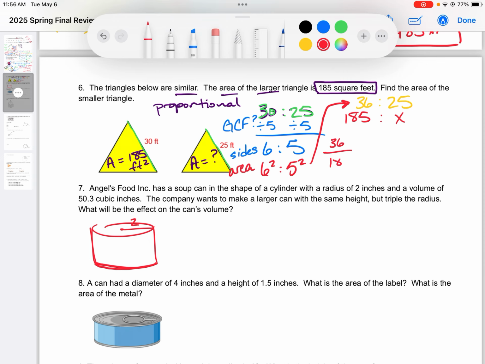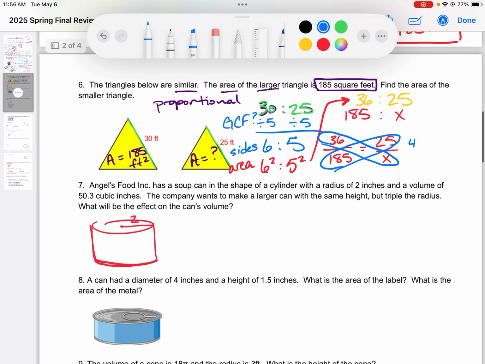So we can set these up as a proportion, and we can say 36 is to 185 as 25 is to our unknown. Then we can cross multiply. And when we do that, we get 185 times 25, 4,625, and 36x.